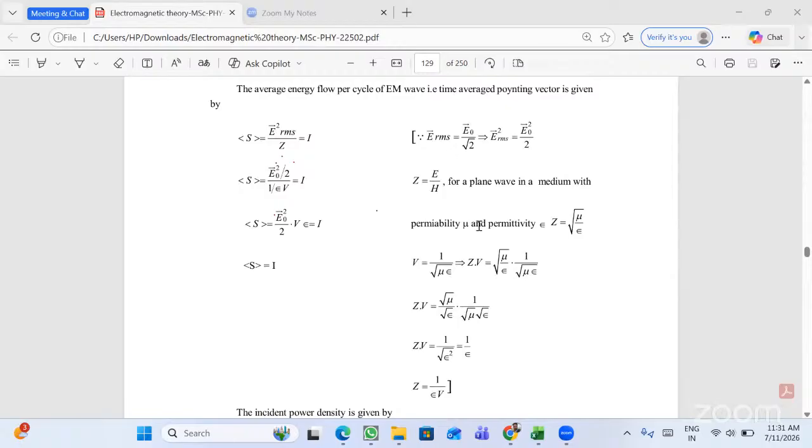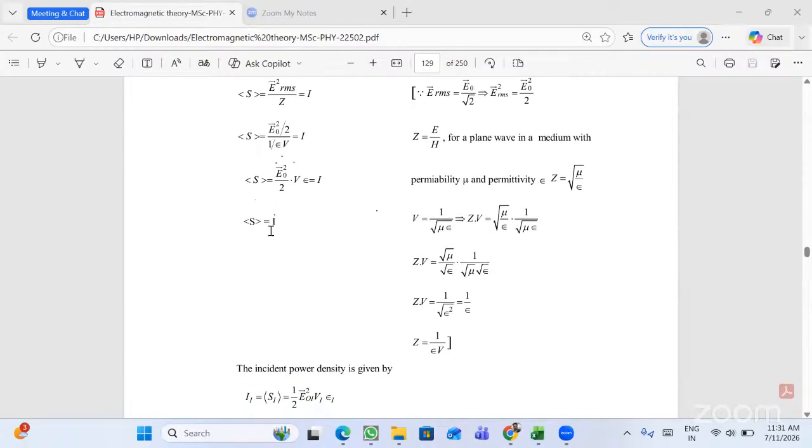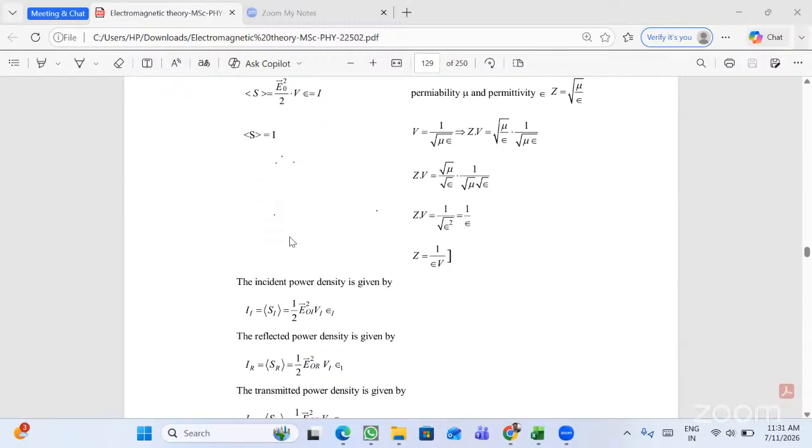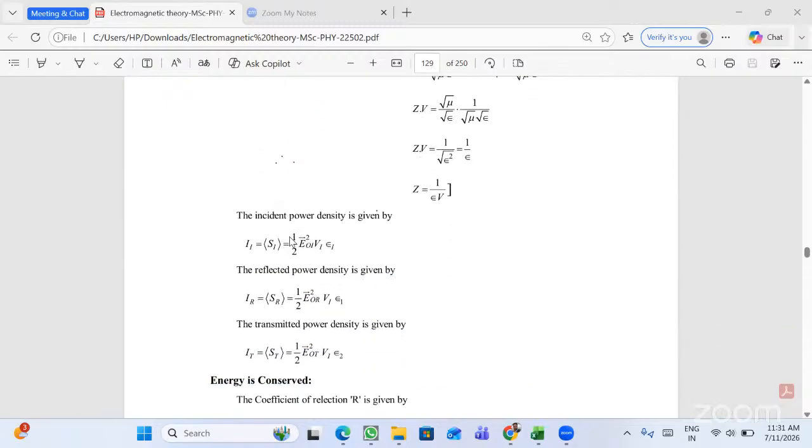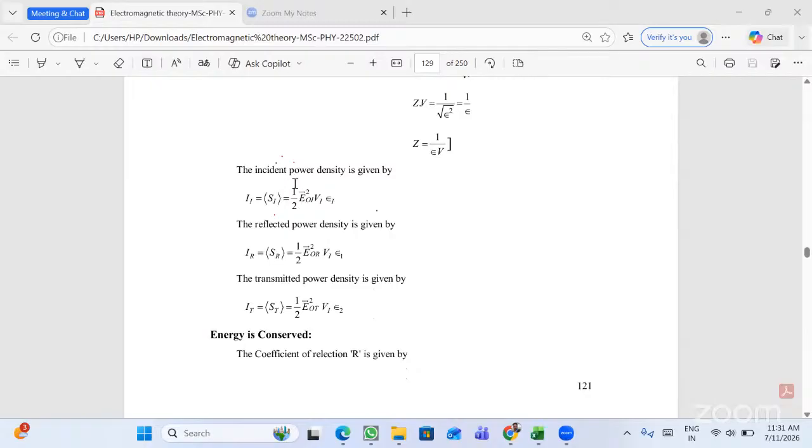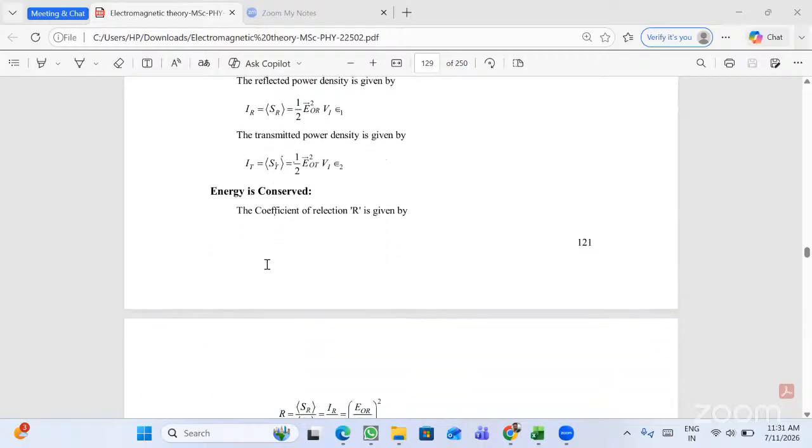You can easily understand if you solve it. So the incident power density, the reflected power density, as well as the transmitted power density are given by these equations.